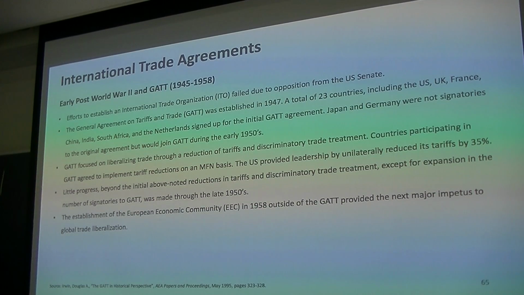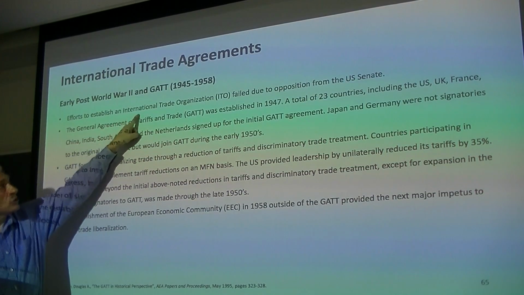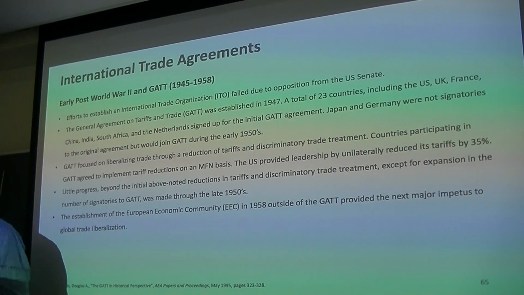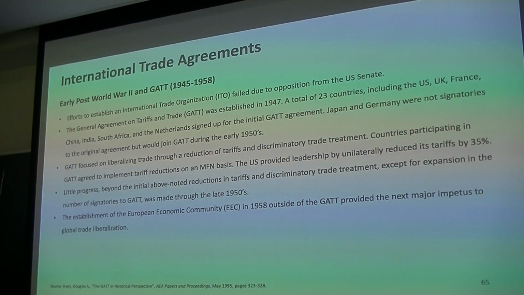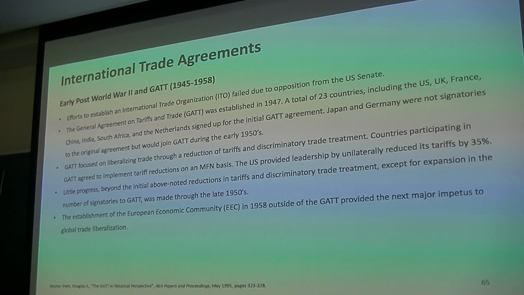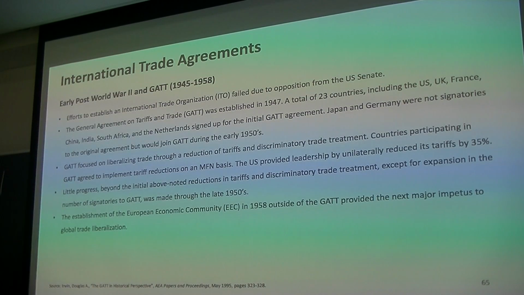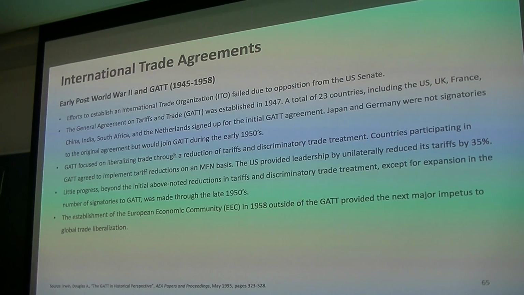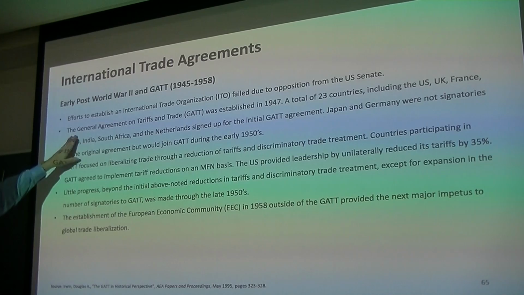The important point here is that the International Trade Organization was intended to be a type of multilateral organization. Policymakers at the time felt that bilateral agreements were not going to work given the environment that had existed for the previous 30 years. So you had this general agreement.